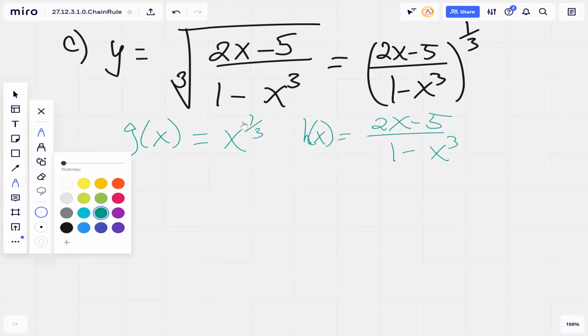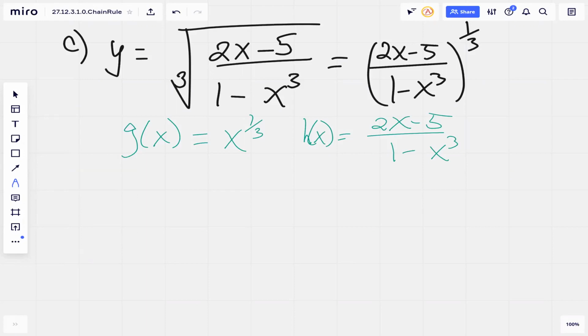And now let's take our derivative. y prime equals g prime, which is 1/3 times x raised to the power negative 2 over 3, since 1/3 minus 1 is negative 2 over 3.